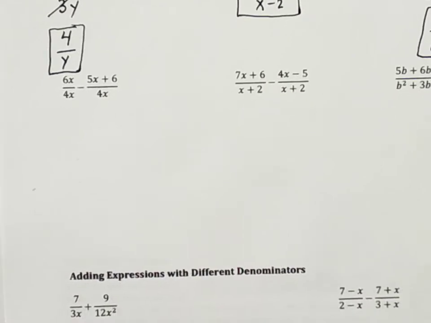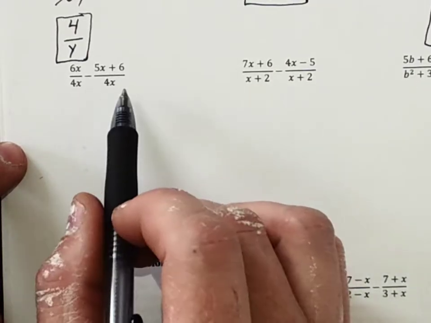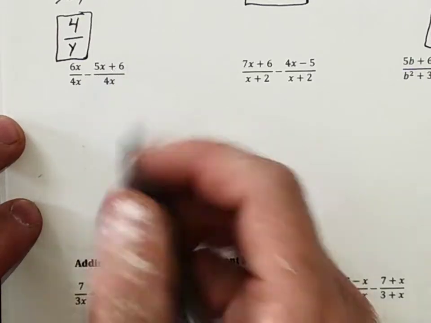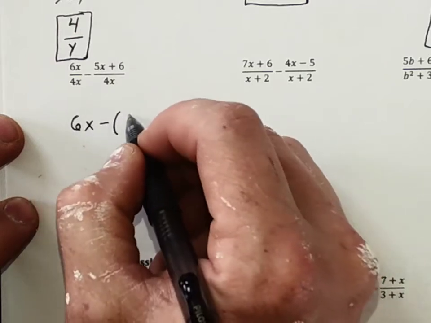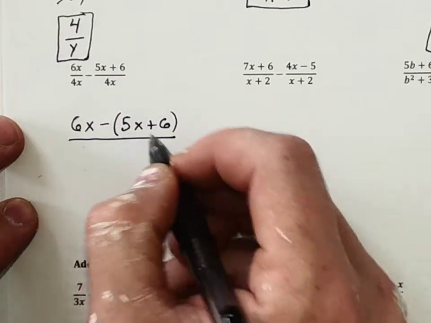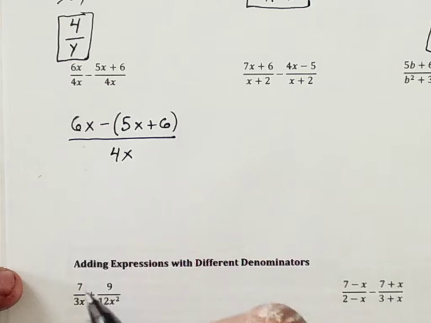Next one. They still have a common denominator, but there's a little bit difference that this is now a binomial. So it's 6x minus all of 5x plus 6 divided by 4x. All of that is being subtracted.